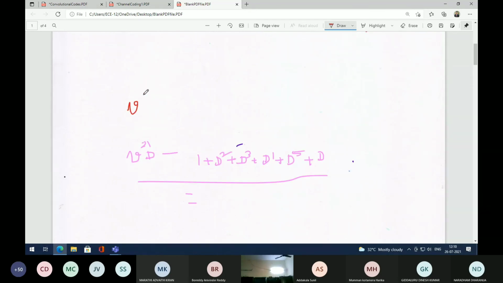So V1 of D is equal to 1 plus D plus D square plus D cube plus D to the power of 6. I think we got that, correct?